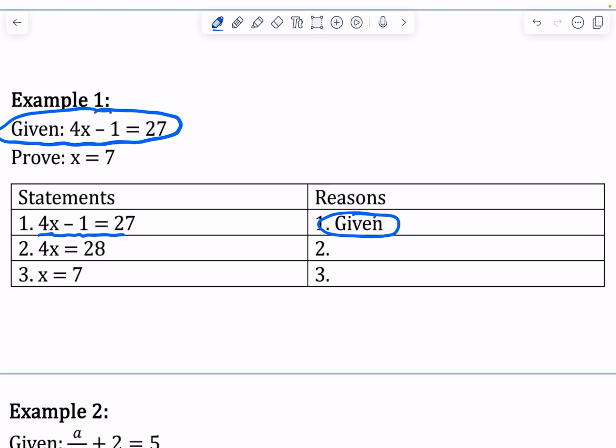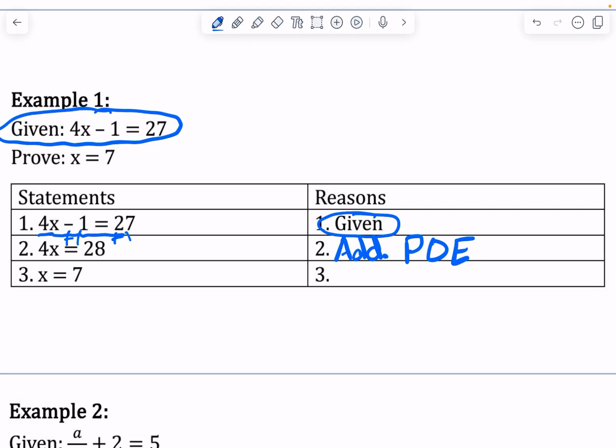Now we need to look at how we got from step 1 to step 2. We got rid of the 1, right? And in algebra, we add 1 to both sides, and we get 28. So that is the addition, and if you want to abbreviate here, addition POE, property of equality. We added 1 to both sides, so that's addition property of equality. To get from 2 to 3, the 4 disappeared, right?